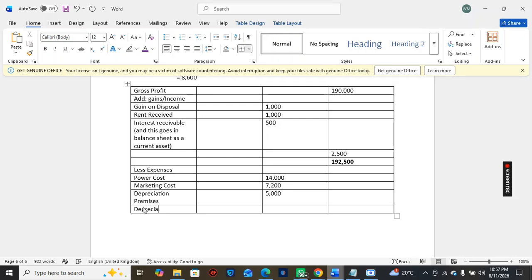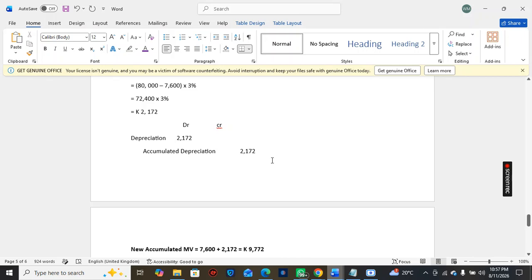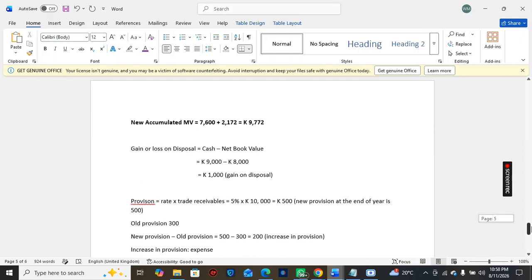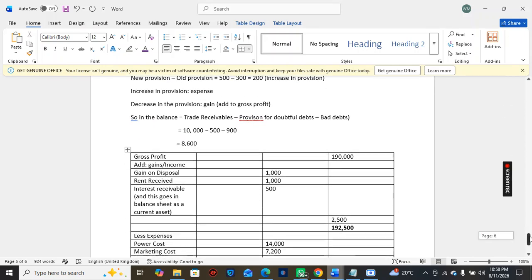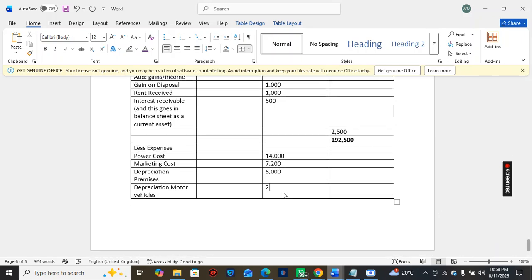Depreciation motor vehicles, let's see, it was 2,172.